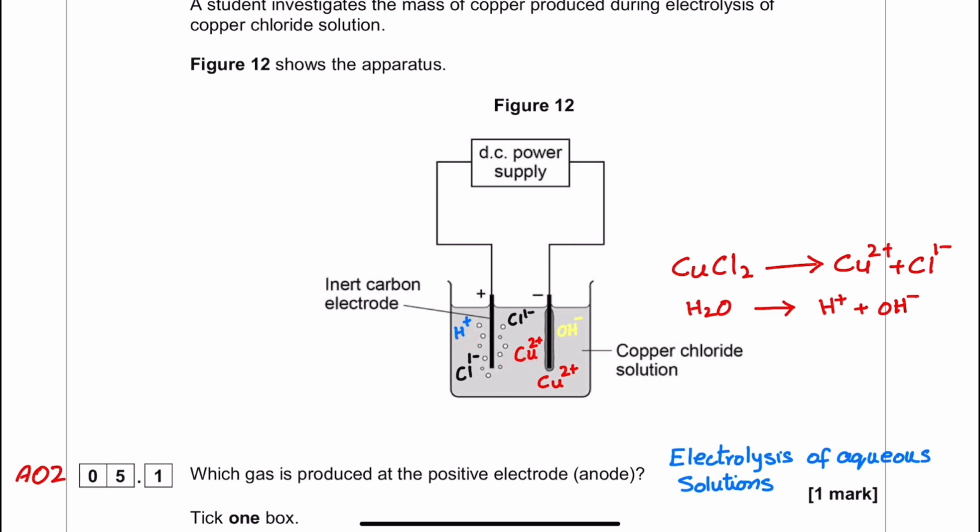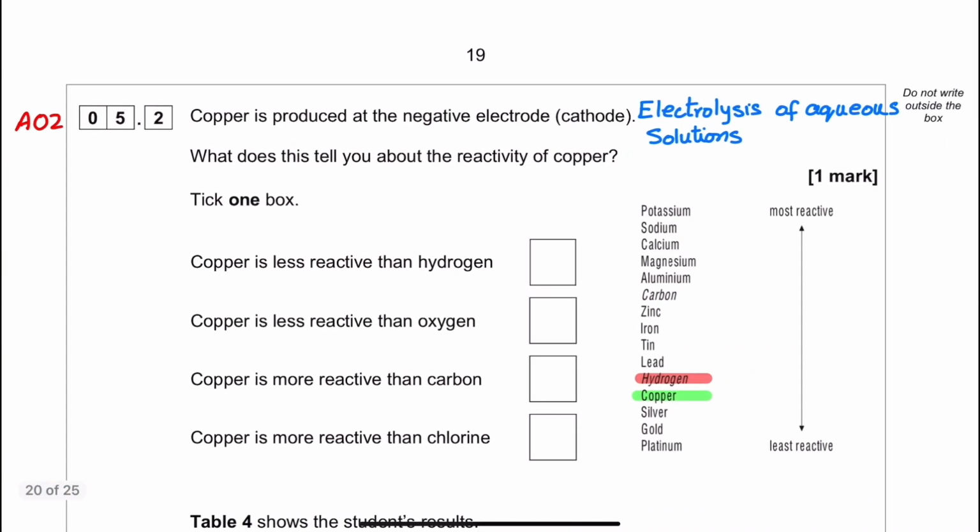To understand this point, we will use this table. In my reactivity series table, copper is less reactive than hydrogen. So in electrolysis, if anything is less reactive than hydrogen, that will go towards the cathode first and gain the electron. Hydrogen is more reactive, copper is less reactive, so copper will go towards the cathode to gain the electron.